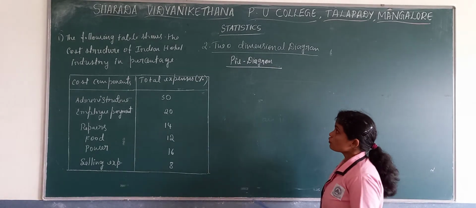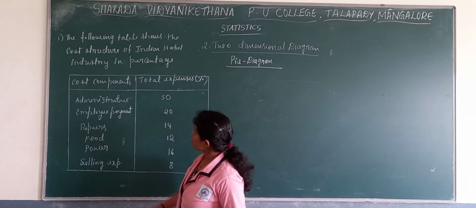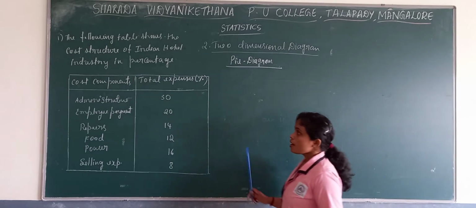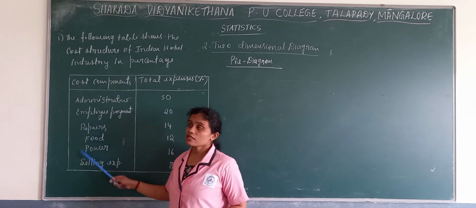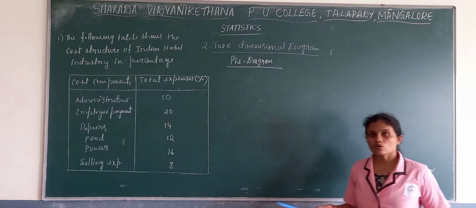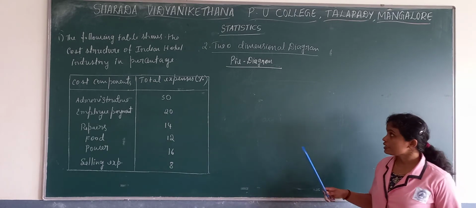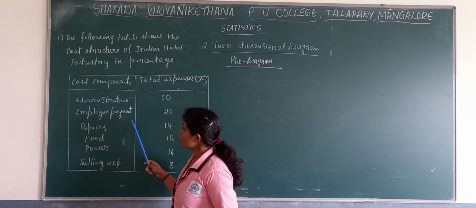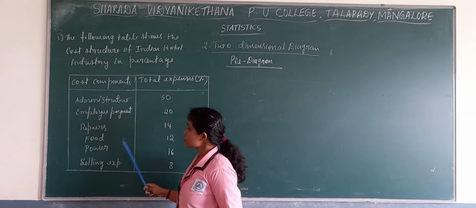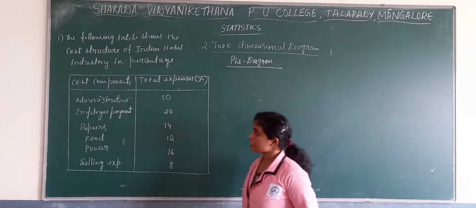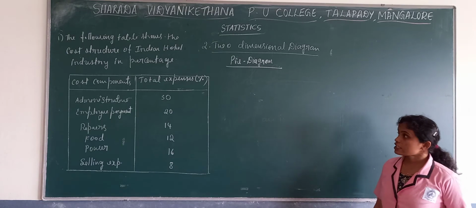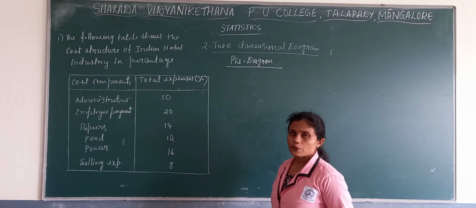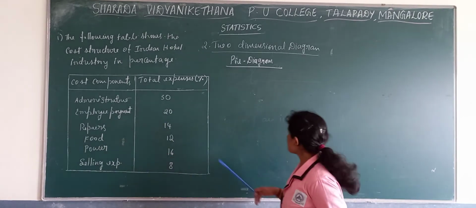The following table shows the cost structure of the Indian hotel industry in percentage. So here we need to draw a pie diagram to represent the cost structure of the Indian hotel industry. The cost components given are administrative, employee payment, repairs, food, power and selling expenses, and total expenses in percentage. Here also, firstly we need to prepare the table, then we prepare the pie diagram.